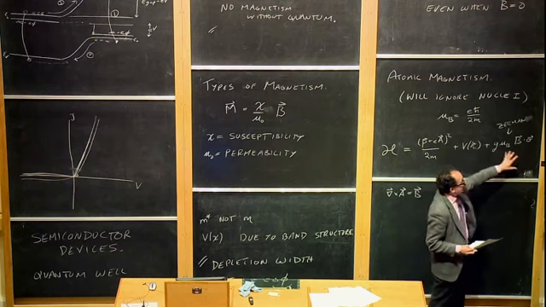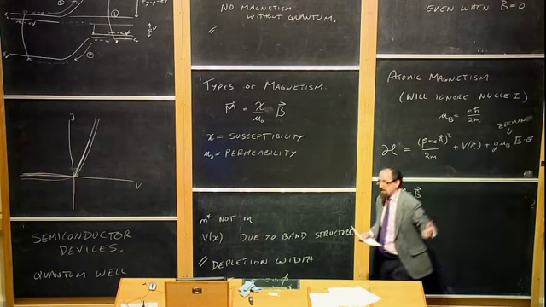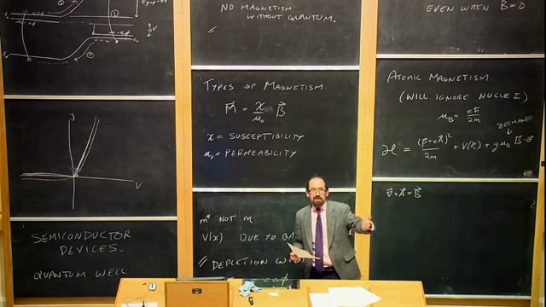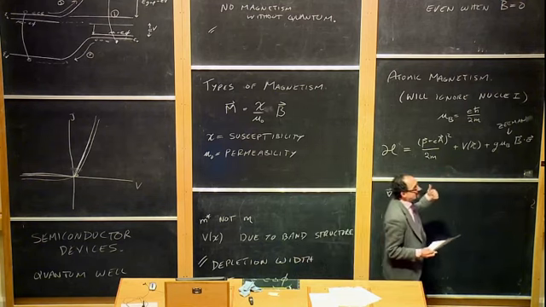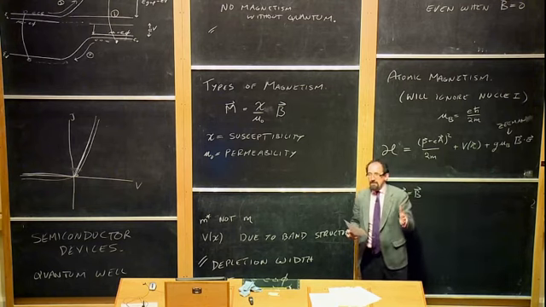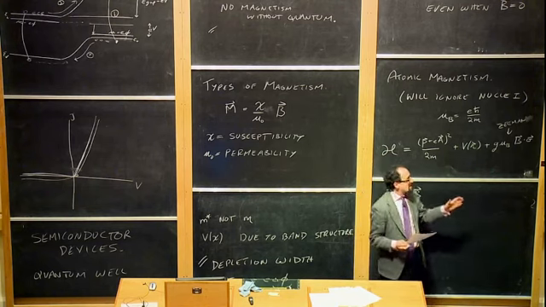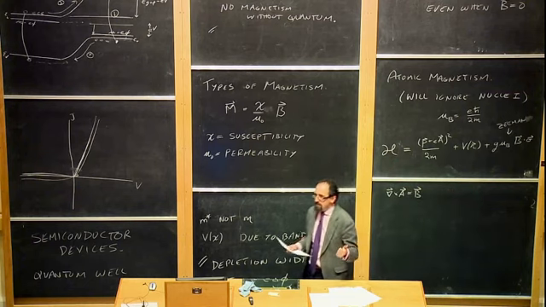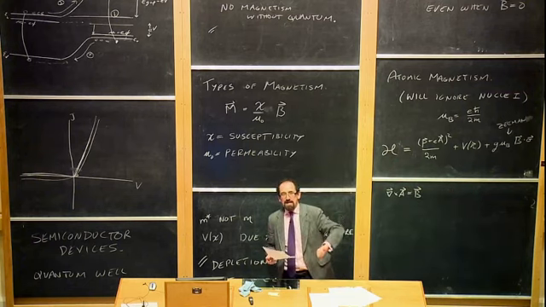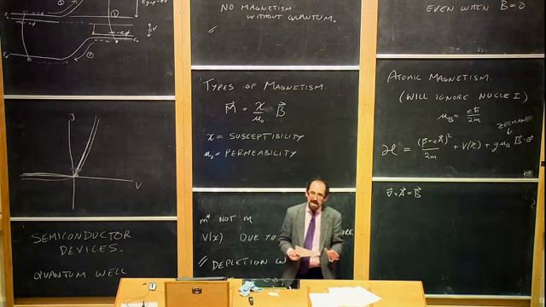So this is the term that tells you that the magnetic moment of the electron is lower energy if the magnetic moment points in the same direction as the magnetic field. The signs get very confusing here. Remember that the magnetic moment of an electron spin points in the opposite direction of its spin because the charge on the electron is negative.